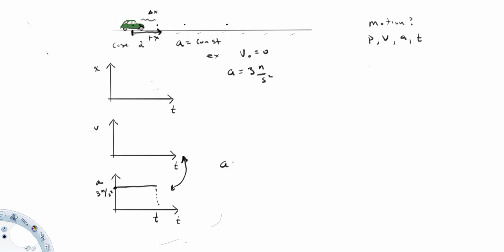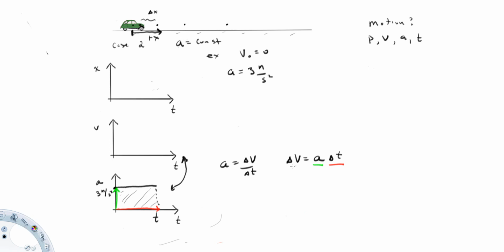Now remember, acceleration's delta v over delta t. You can rearrange this and write it: your delta v is acceleration times delta t, and here's the important thing to notice. Your acceleration on this graph is this dimension right there, that distance, which in this example is 3. Your delta t on this graph is this distance on the graph, and the product of the two is this area here. You always want to think of area under this curve here.